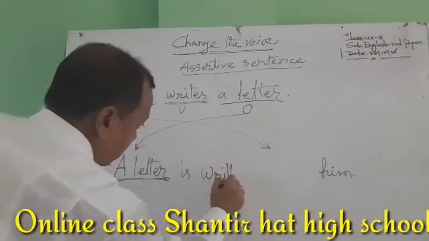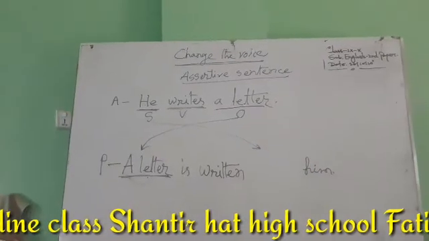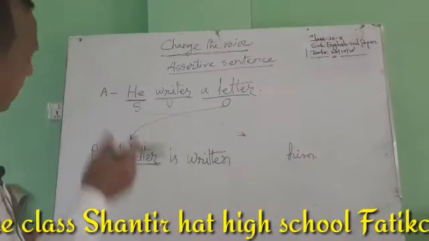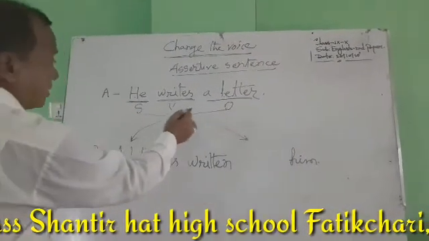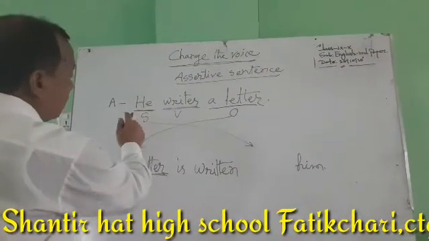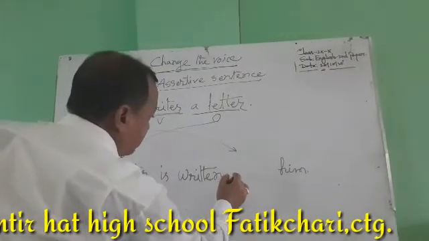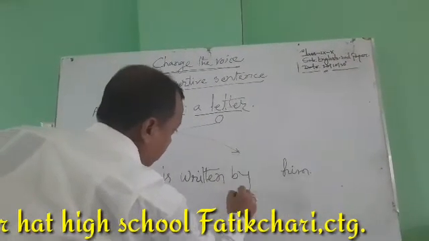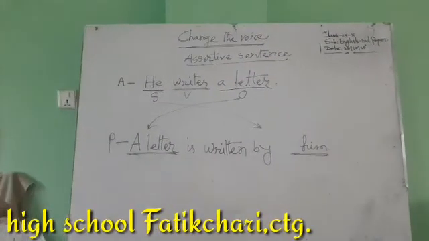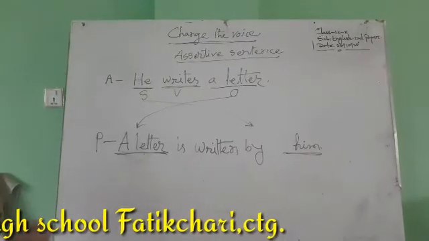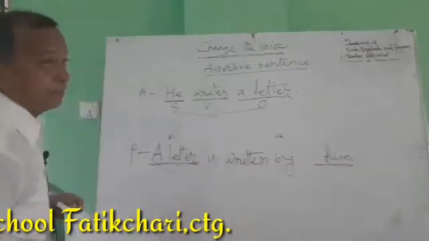Then 5th step, add the preposition by before the object. So our passive is: a letter is written by him.